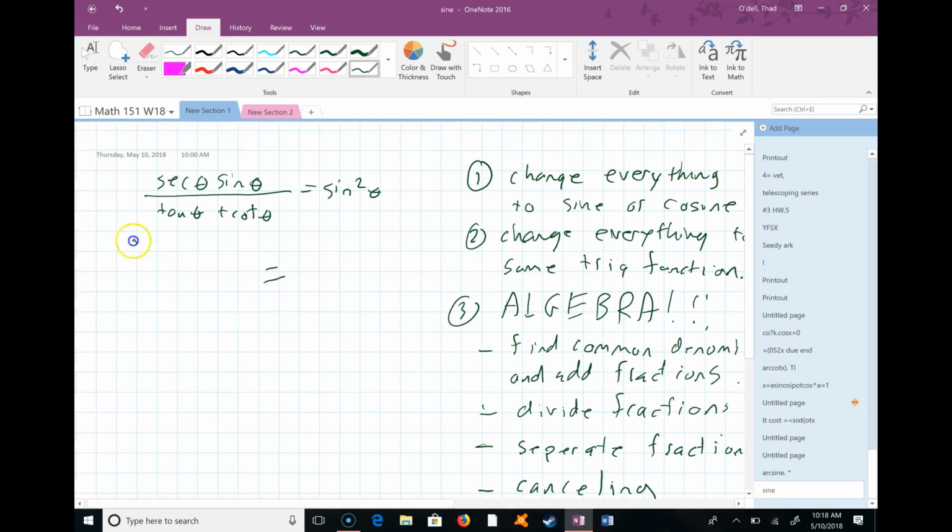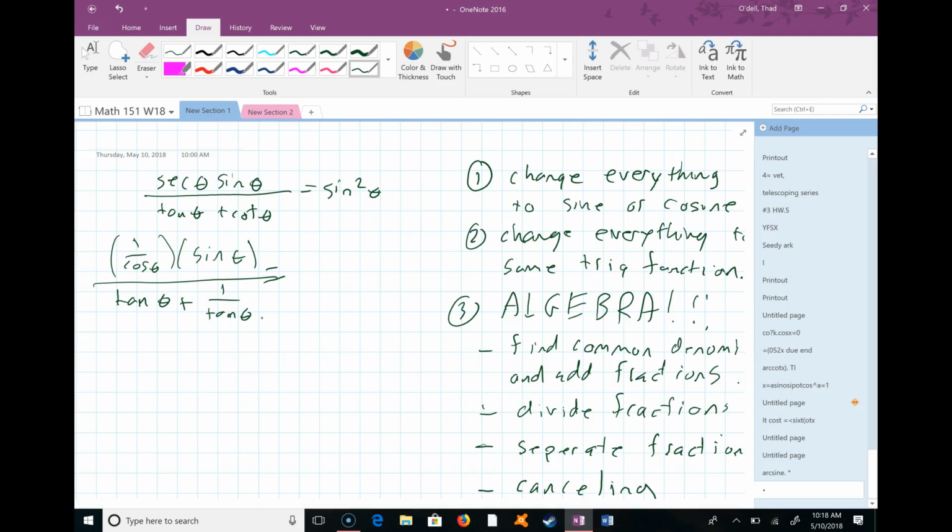This is 1 over cosine theta times sine of theta. And down here, this is tangent of theta. And cotangent is 1 over tangent of theta. So when I did this yesterday in class, we changed everything to sine and cosine. You remember that? But now I'm going to try to do the number 2 option.